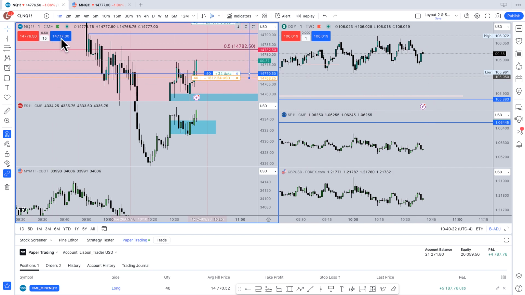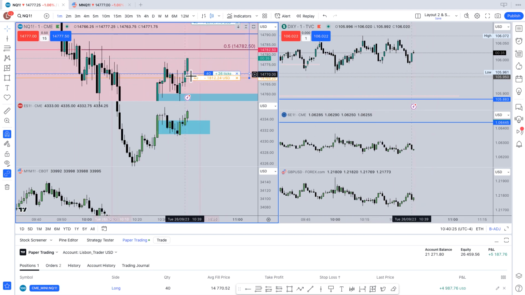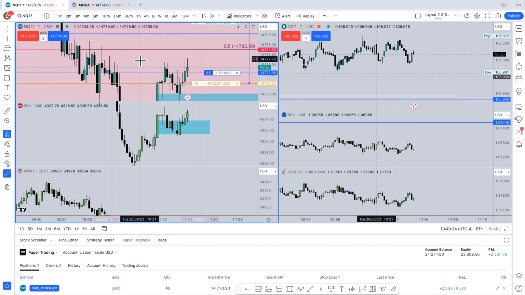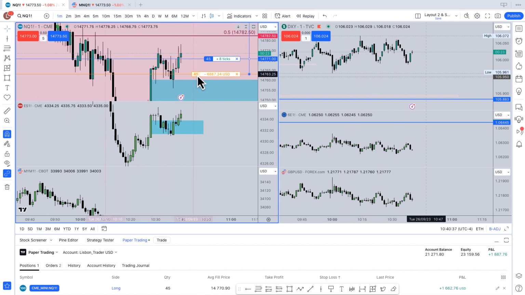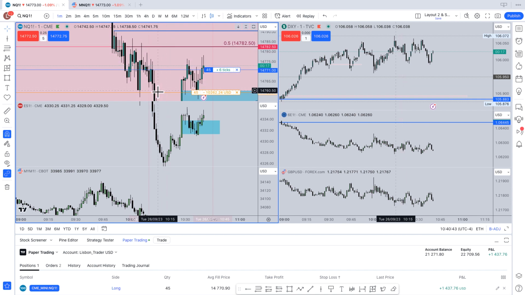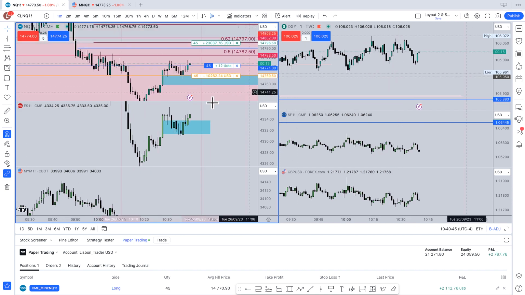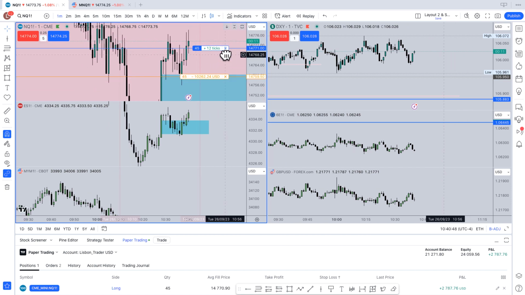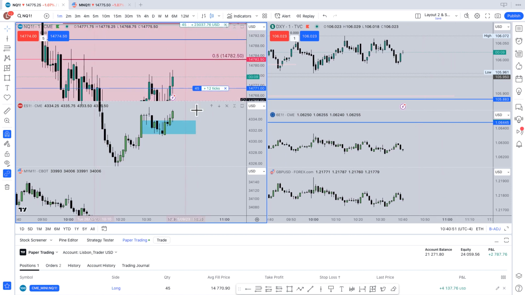Stock almost to break even. So let's risk 10K. There. See if he wants to revisit the fair value gap or just wants to keep on moving higher.